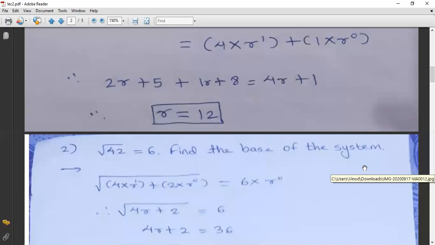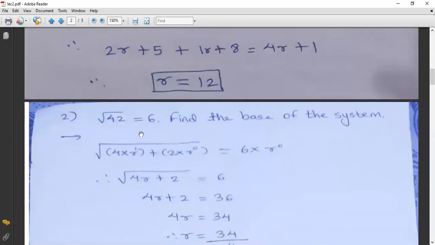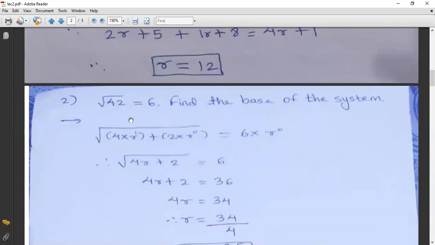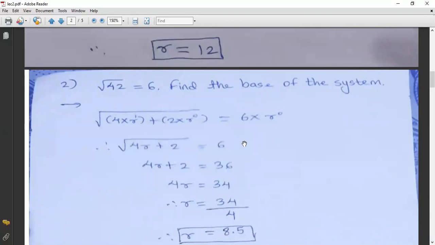Now let us go further and understand this second example. The system is root 42 equal to 6. Same thing, we need to find the base of the system here. Now under the root, we are going to write the place values of this number 42. Let us start first with the number 4.